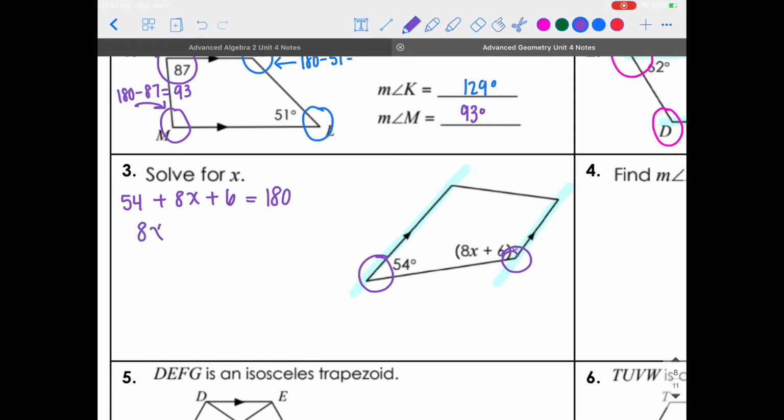When I combine my like terms, I get 8x plus 60 equals 180. Then I can subtract 60 from both sides to get 8x equals 120. And dividing by 8 gives me x equals 15.